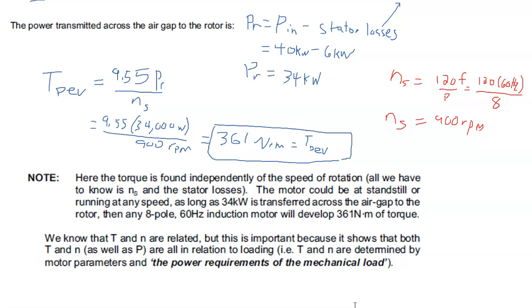We know they're related because of the torque speed graph, and because of the fact that we write torque developed is equal to 9.55 times PMI divided by N. If the torque developed changes, there's a good chance the speed is going to change because that equation suggests it.